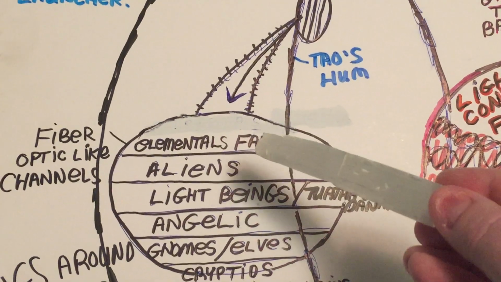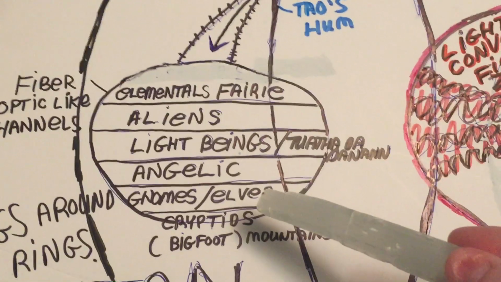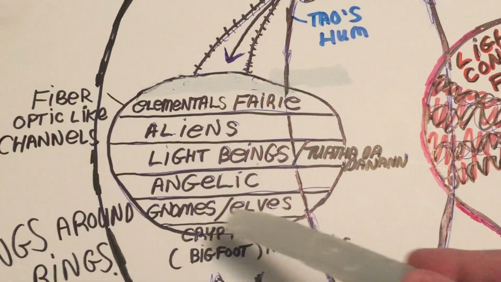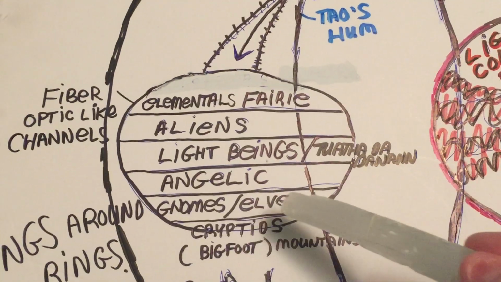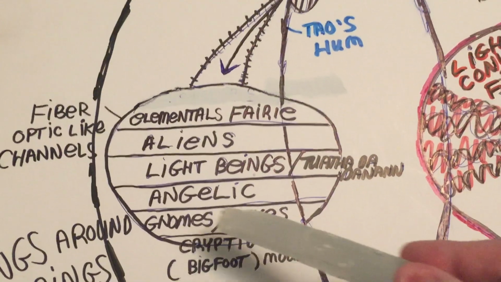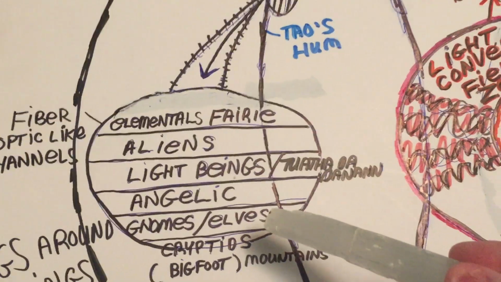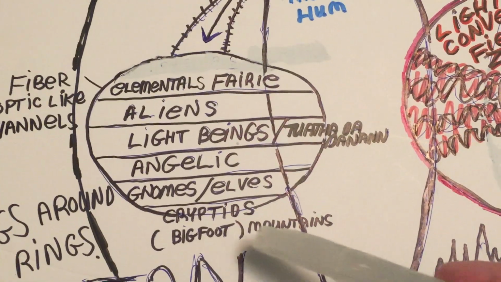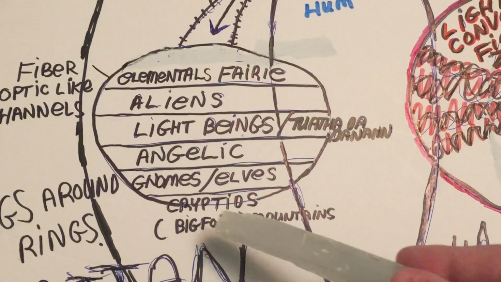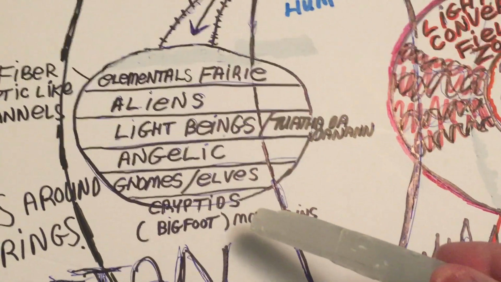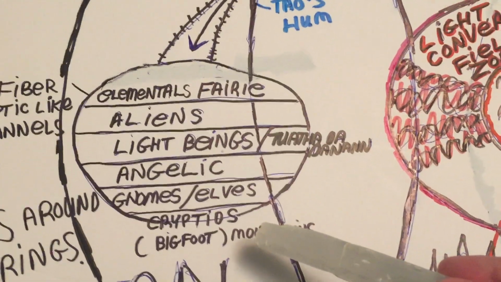Aliens travel through one, elementals travel through another, gnomes travel through another, with elf-like, the more humanoid type angel, fairy types. And then you see here is the Bigfoot, in the mountains, which is why they can appear and disappear at will.